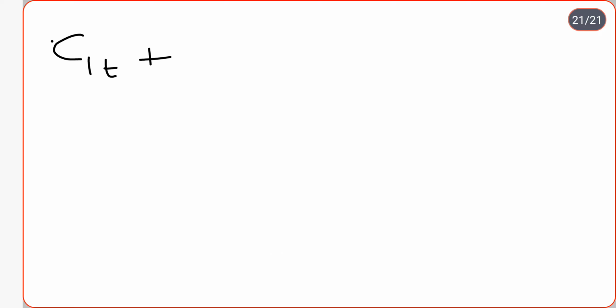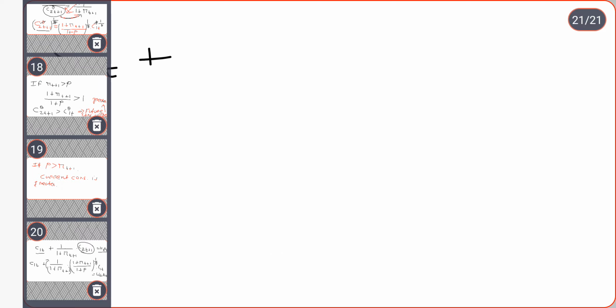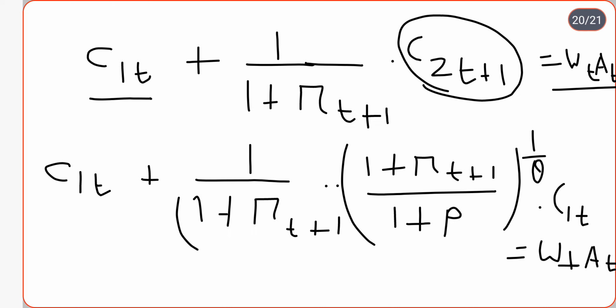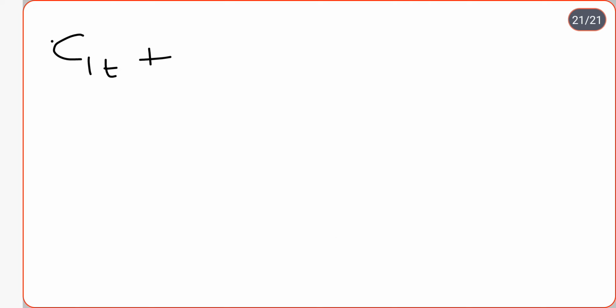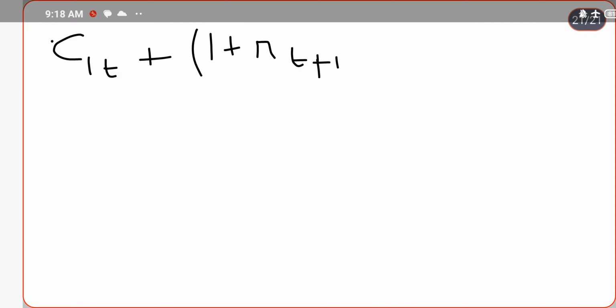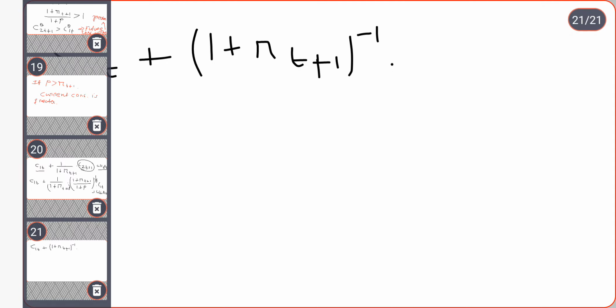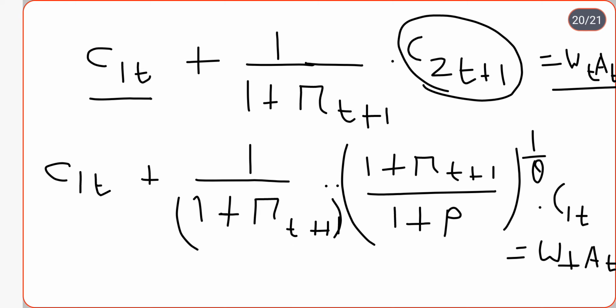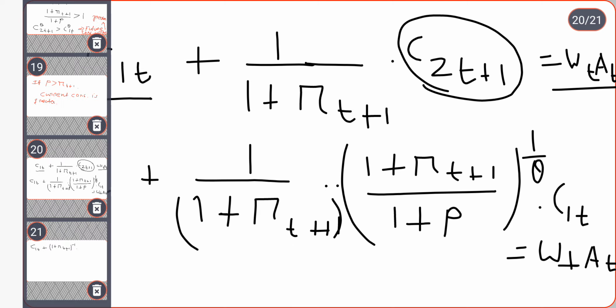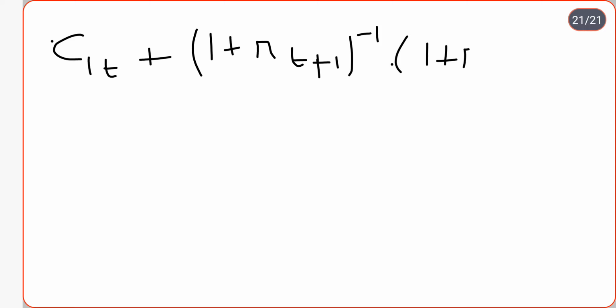I may write it as c1t plus, now this part in the LCM numerator means it will be 1 plus rt plus 1 to the power minus 1, and we have something else that is 1 plus rt plus 1 divided by 1 plus rho to the power minus theta.